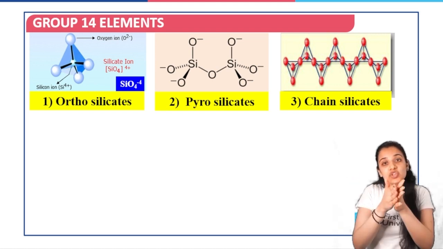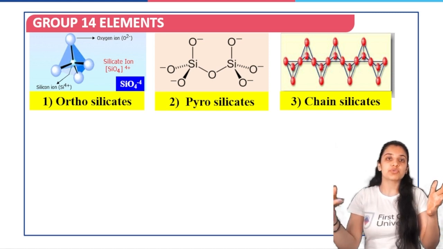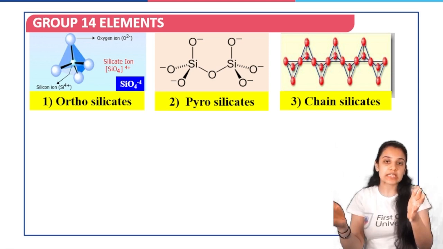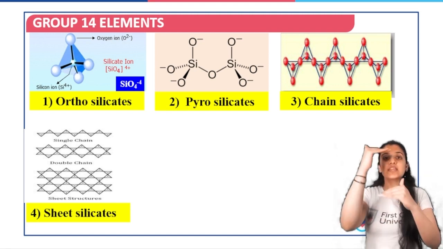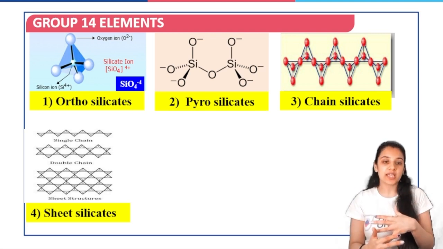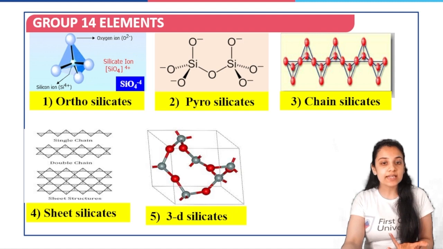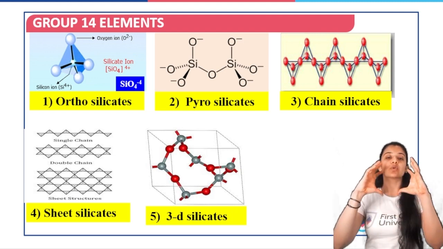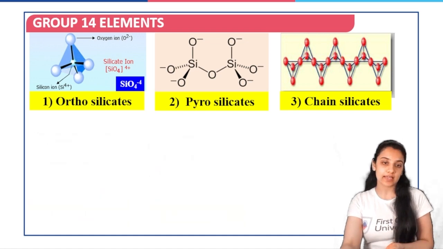But when many SiO4 4 minus units go in a chain-like manner, sharing one oxygen each, we call them chain silicates because they form a chain. Then when these chains exist as single, double or multiple chains attached to each other to form a sheet, we call them sheet silicates. And lastly, when they have a three-dimensional structure, we call them 3D silicates.